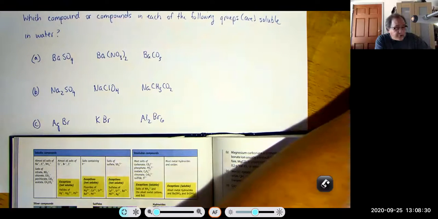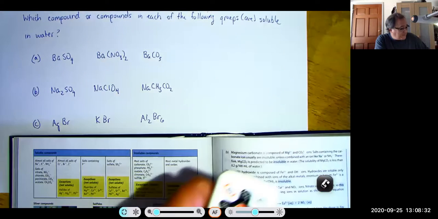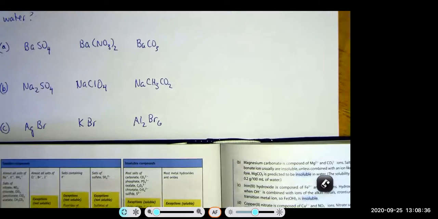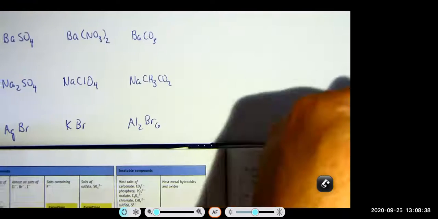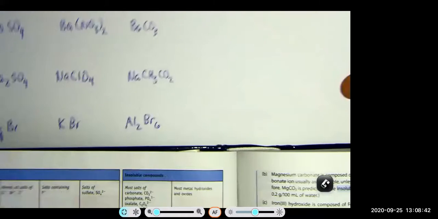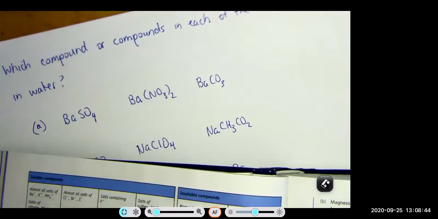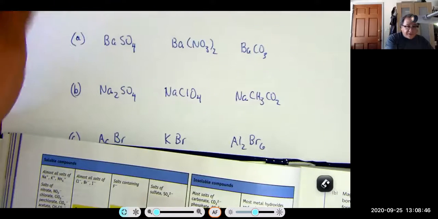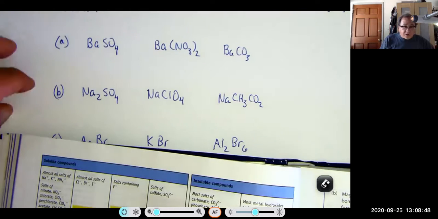That's page 134 again. What page is it on? 134. And it's at the top of the page. So we're supposed to answer which of the following is water soluble.